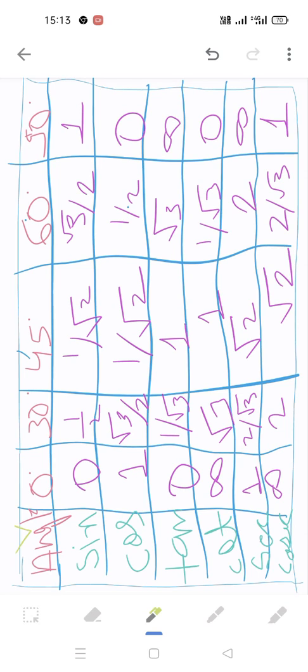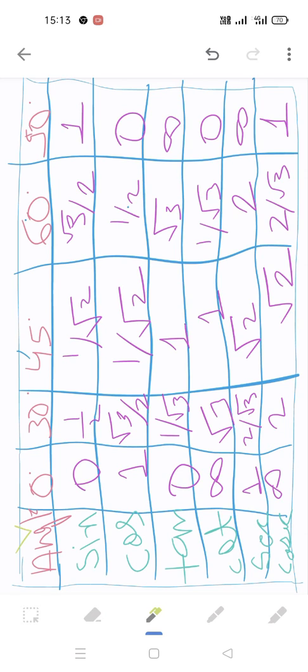Those angles are 0 degree, 30 degree, 45 degree, 60 degree and 90 degree. These are the specific angles. Only for these angles the trigonometric table is correct.